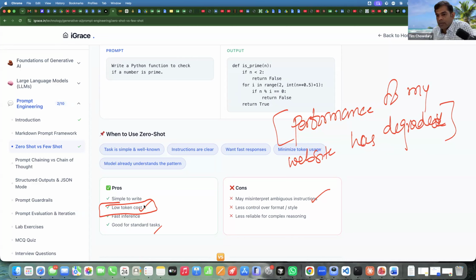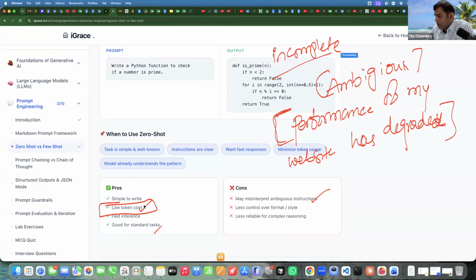Performance of my website has been degraded lately. Not enough. Not enough information, exactly. This is ambiguous. Ambiguous in the sense that it's not complete. Basically, it's incomplete.